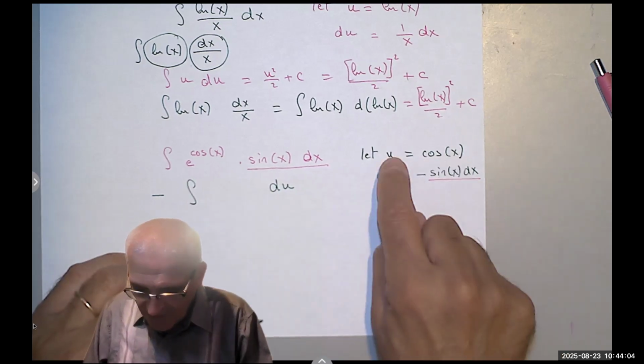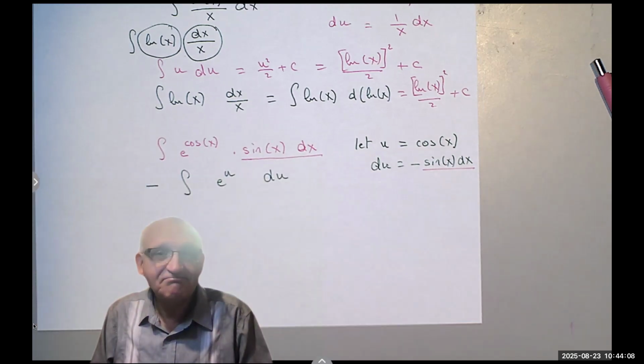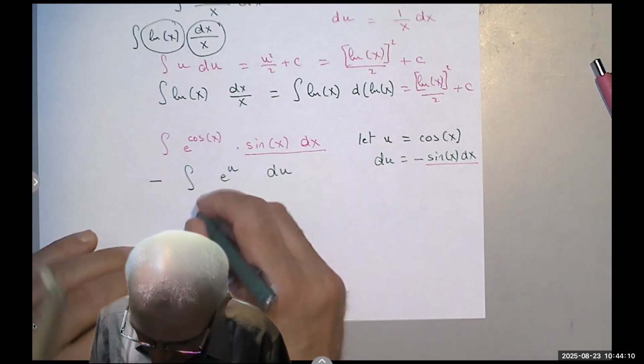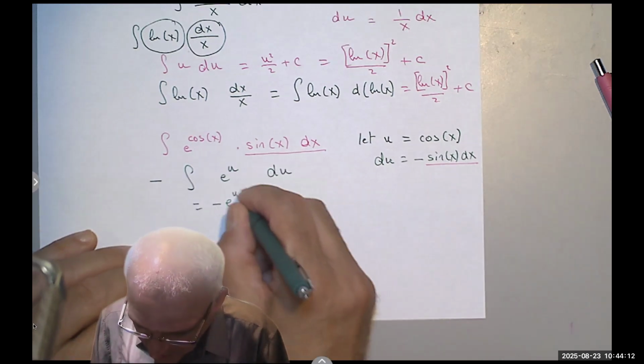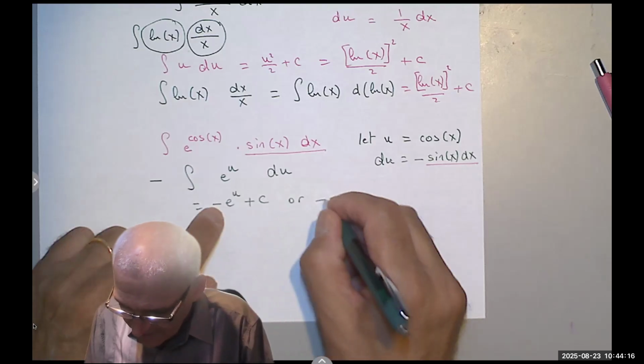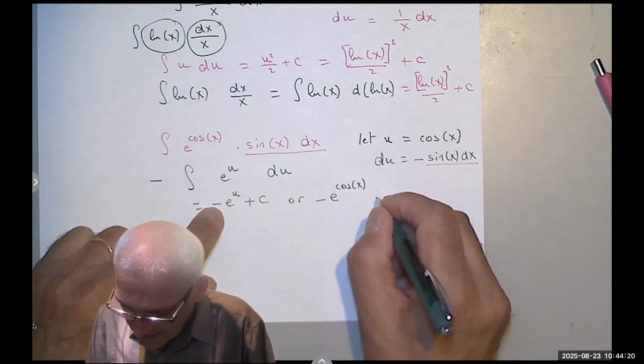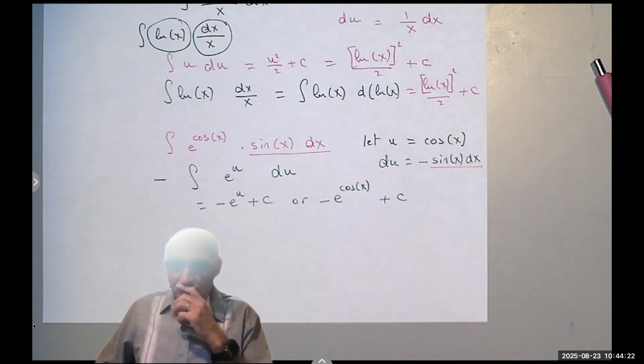And cosine x is u, so this is negative e to the u du. Easy, right? So you get negative e to the u plus a constant, or negative e to the cosine of x plus a constant.